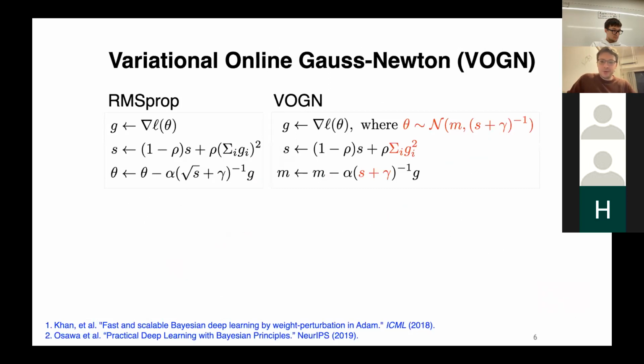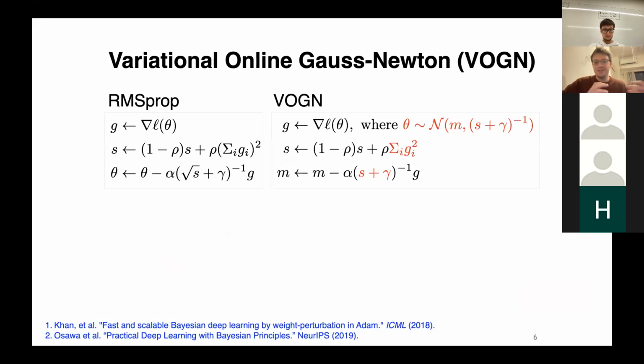So I mentioned this Wogen method is very close to RMS-prop, and if we put them next to each other, we can see that they're indeed very, very similar. The differences are highlighted here on this slide in red. The main difference is that Wogen evaluates the loss at a perturbed parameter point, and crucially, the perturbation strength is also learned.